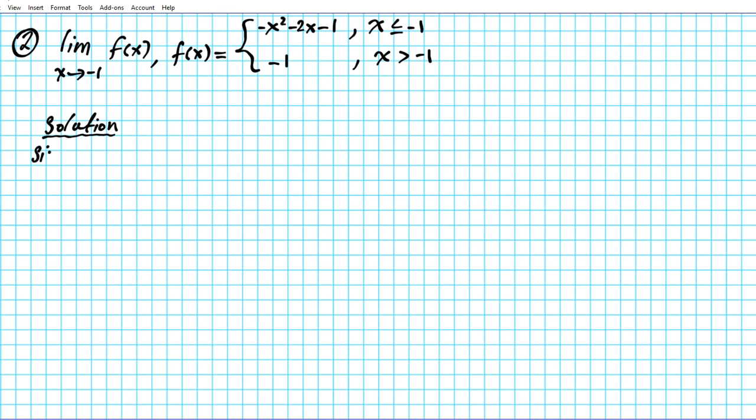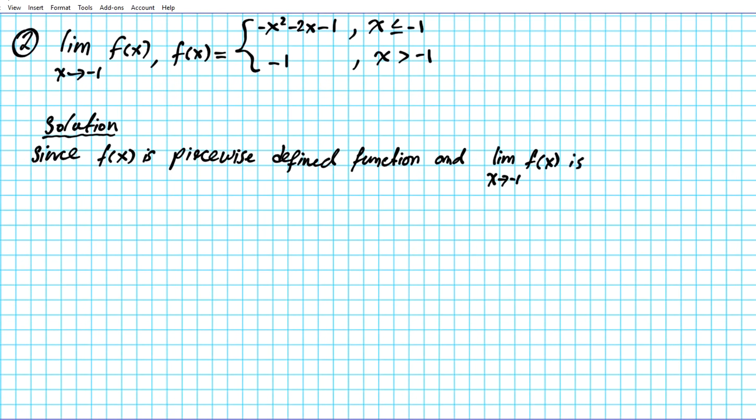Since f of x is a piecewise defined function, and the limit as x approaches negative 1 of f of x is a double-sided limit, it's not just anywhere.